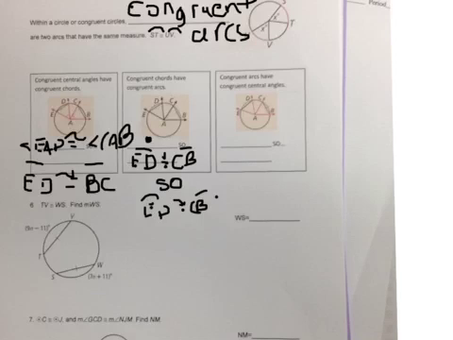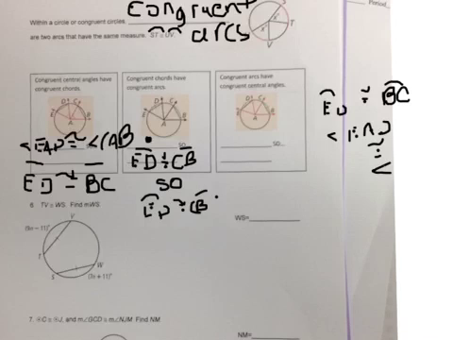Okay. In the last box, congruent arcs have congruent central angles. So if they tell us, I'm going to write over to the side so I can write bigger, that arc ED is congruent to arc BC, then we know that angle EAD is congruent to angle BAC.